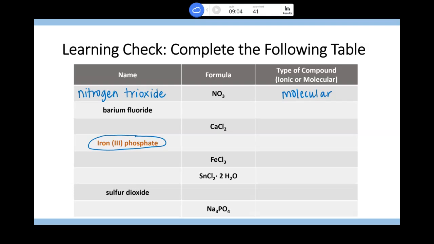Barium fluoride. Barium has a +2 charge. Fluorine is -1. We need 2 fluorines to cancel out the barium +2. This is a metal and a nonmetal, so it's ionic. Next we have CaCl2. Element Ca is calcium. Cl, of course, is chlorine.